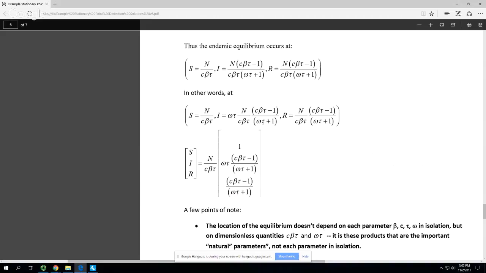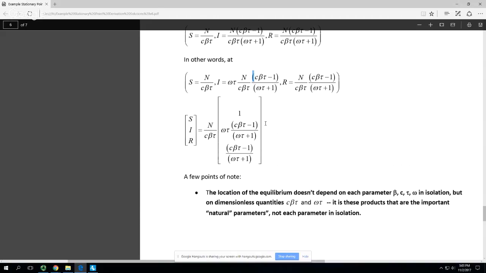If you have people who stay infective for longer, and you have less chance of losing immunity, if omega is smaller, they counteract each other. In terms of this term, you can have high in one and low in the other, or low in one and high in the other, etc. And then this is R0 here.